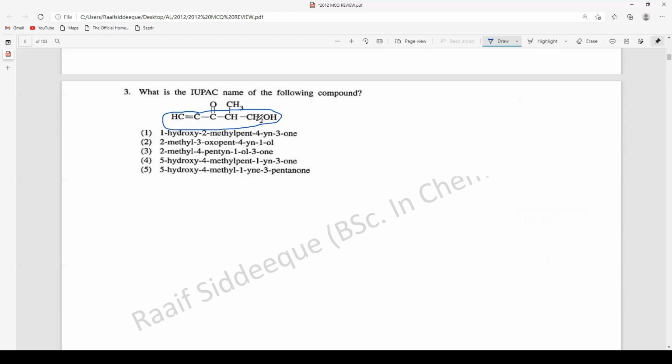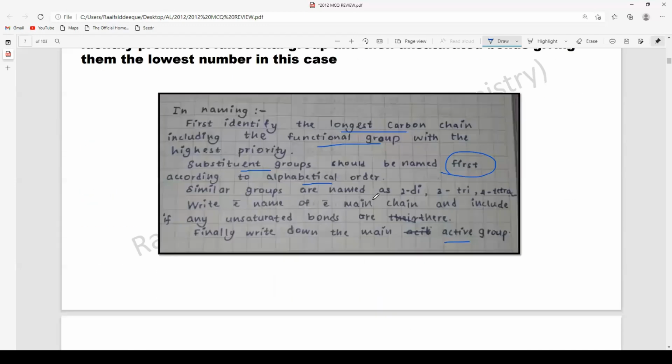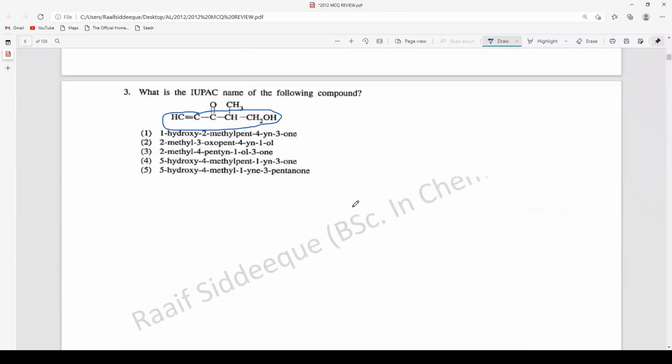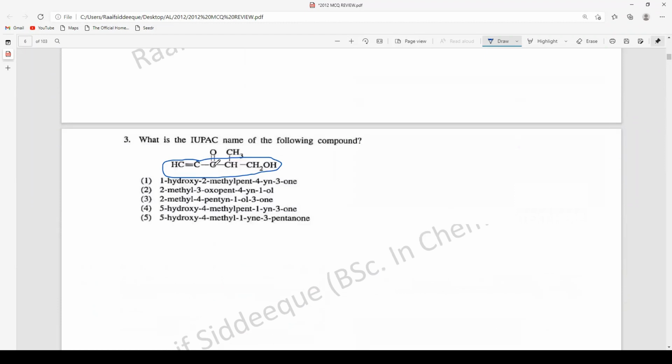The second thing is to find the priority. You have 3 functional groups in the main chain: one is the alkyne, the other is the carbonyl, and the other is the alcohol. If you know the priority assignment, you can see the ketone group will have the maximum priority. So according to that, the ketone should be given the lowest number.